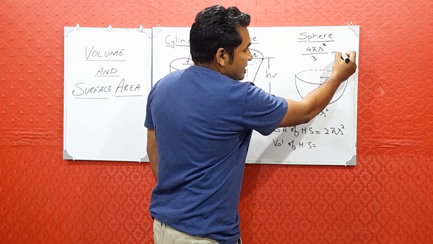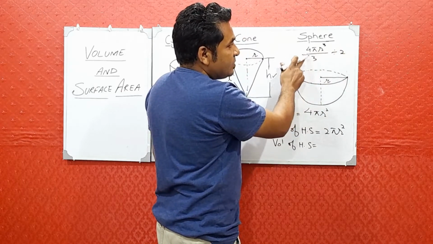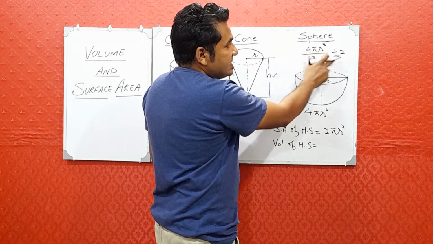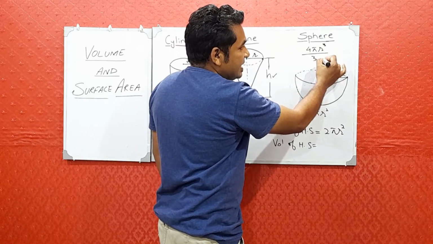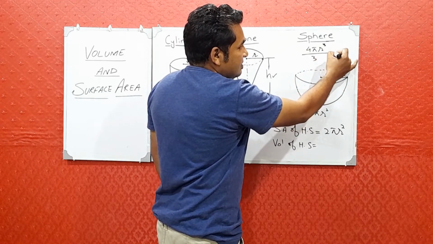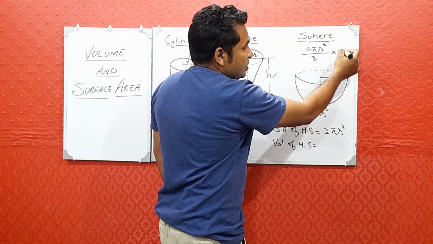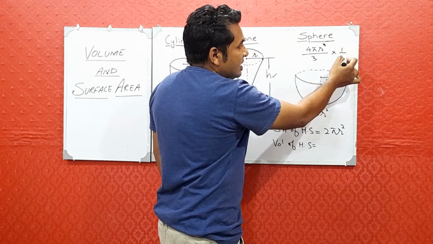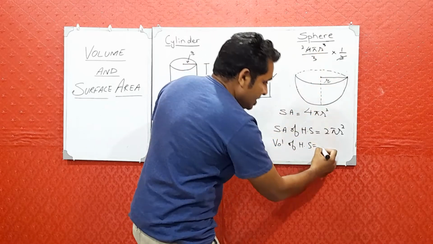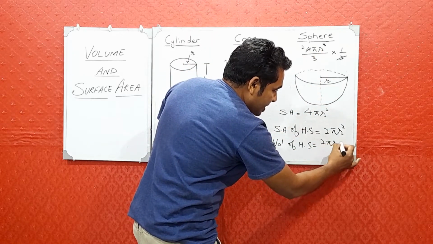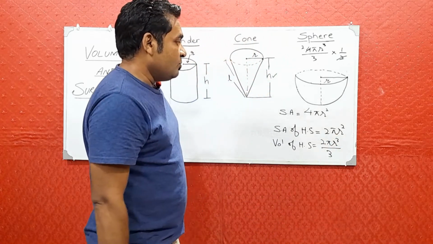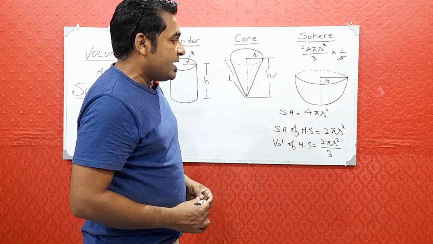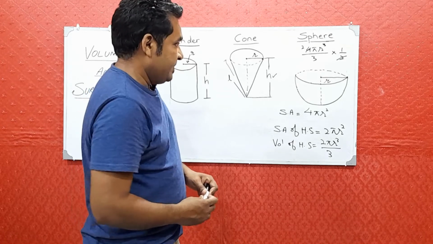Divide becomes multiply by 1 over 2, and the 2 cancels with this 4, and it will become 2 pi r cubed over 3. So the volume of hemisphere is 2 pi r cubed over 3.